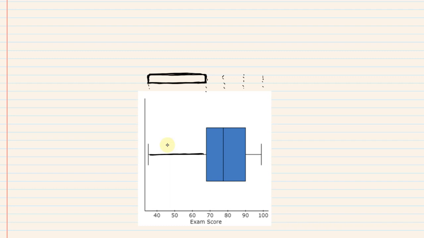Now, remember the nature of a box plot: you have 25%, because this is the distance to Q1. Q1 means 25% or below it. This is Q2, 50% below it. Q3, 75% below it. So each segment holds 25%. That's what a box plot portrays.